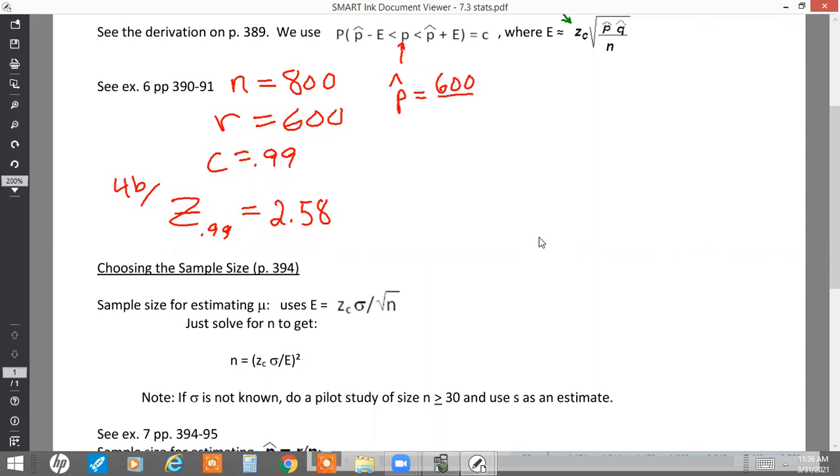That's 600 over 800. That turns out to be 0.75. And then we need to do Q hat, which is 1 minus P hat, which is 1 minus 0.75 or 0.25. So I found P hat and Q hat, right? So now I have everything I need to calculate the error.